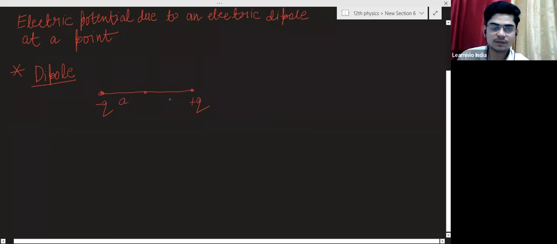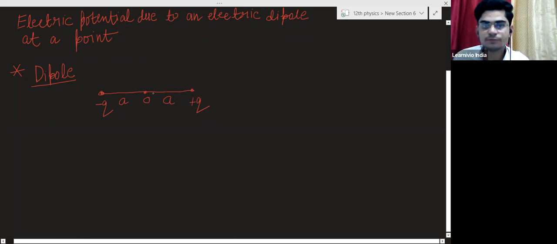Suppose the distance is 2a. This is the center, the midpoint of this line, and the distance between the point O and this charge Q is a.